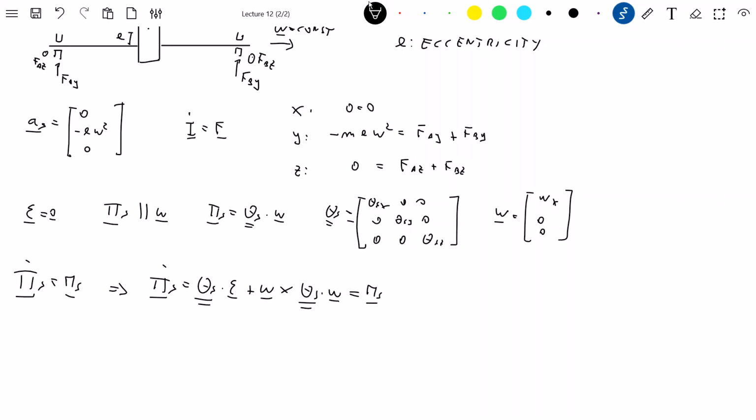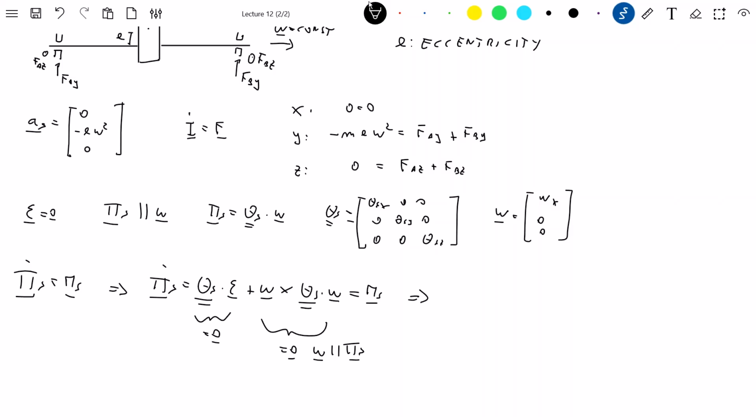Okay, now this is equal to 0 because epsilon is 0. Then this is parallel to this, so this is also 0 because omega is parallel to pi_S.